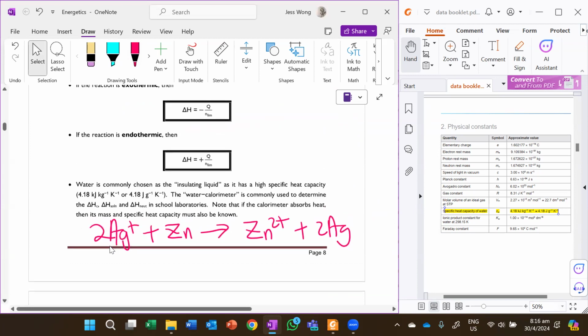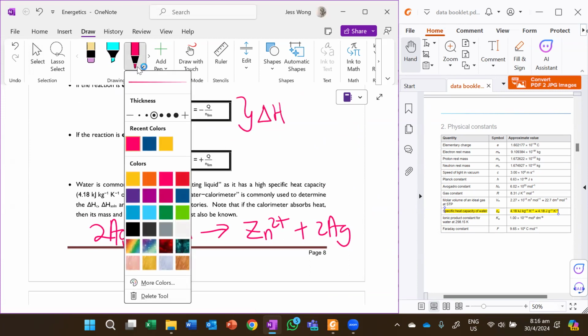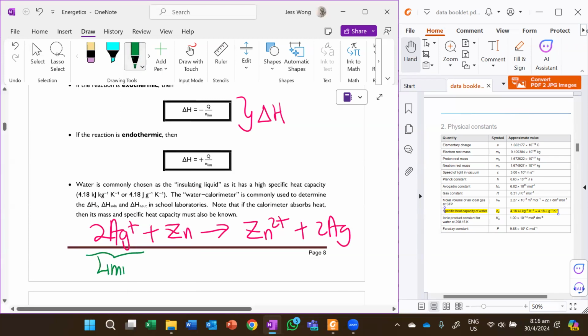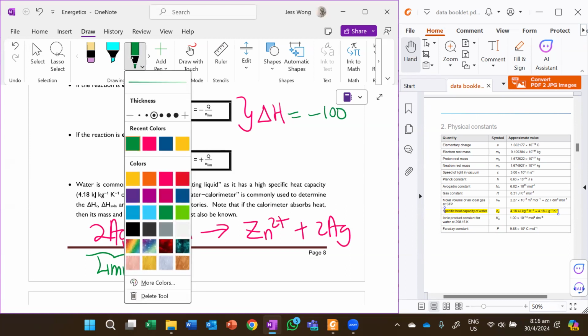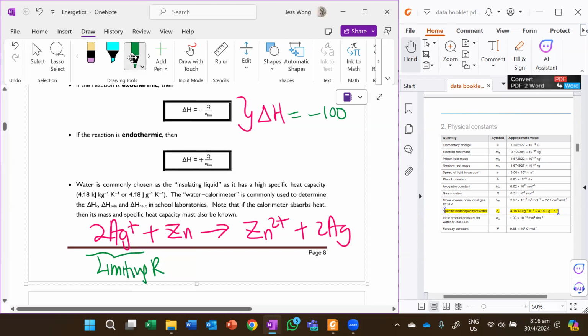And if after my calculation I found my delta H, and in this reaction this was the limiting reagent, and I calculate my delta H and found that it's minus 100 by using Q divided by the number of moles of silver. All right, so what is the enthalpy change of this reaction? This reaction is minus 100 kilojoules per mole of limiting reagent, right?